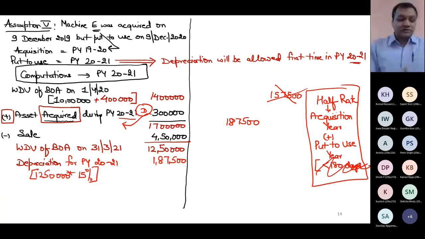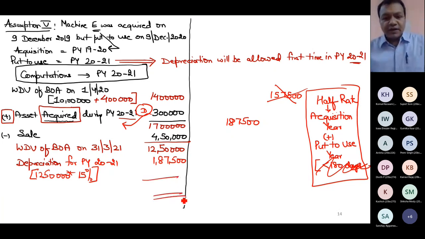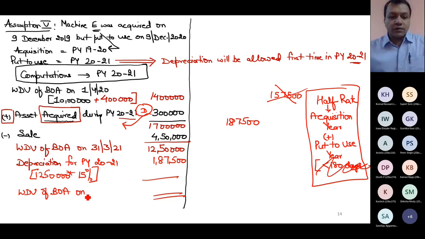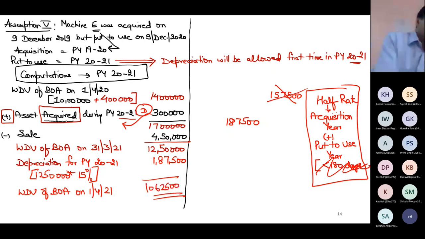So with these assumptions, I'm trying to make all the concepts of depreciation, all the different possibilities, clear, and this becomes my WDV of block of asset on 1/4/21: 1062,500. Please raise your hand if you have understood the correct reason behind it. That is why I always tell you, don't run for the answers.